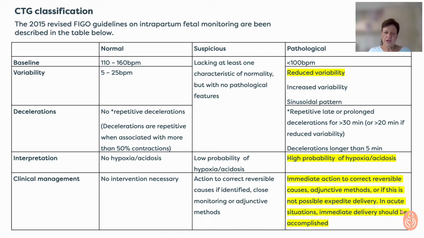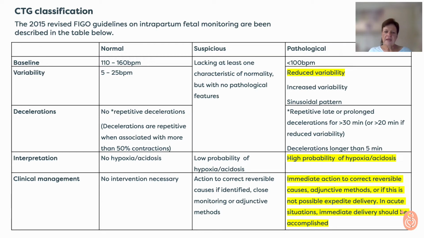So if we look at the heart rate, the baseline, we see normal is 110 to 160, so it's just not normal. Abnormal pathological is less than 100 beats per minute. So this tachycardia of 165 will fall here in the suspicious group, where it says one of the characteristics of the CTG is not in the normal limits. So the baseline heart rate is not here.